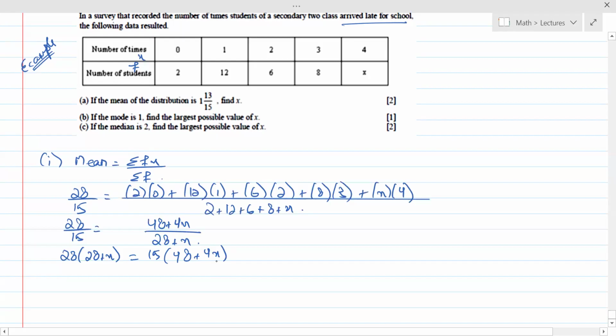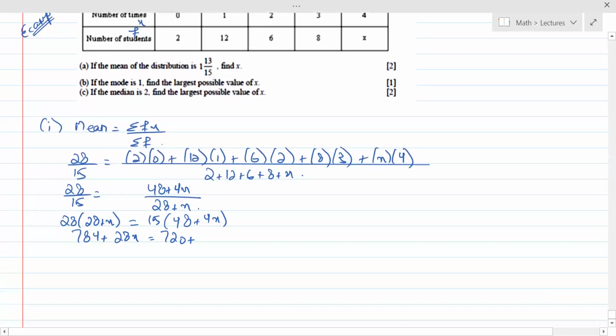28 into 28, that would give us 784 plus 28x is equal to 15 into 48, that would give us 720. 15 into 4, that would give us 60. So simplifying it further, we'll get 60x minus 28x equals 784 minus 720.